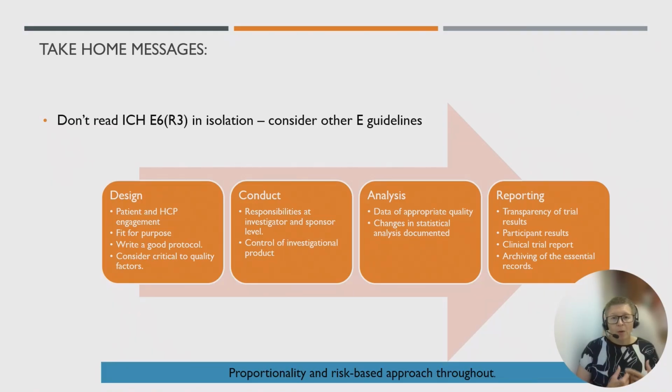So think about, what is my role in the clinical trial? What do I need to do? Read the appropriate E-guidelines that are pertinent to your role, because E6 covers right from the design to the reporting of your clinical trial. So make sure that you've got a well-designed protocol.